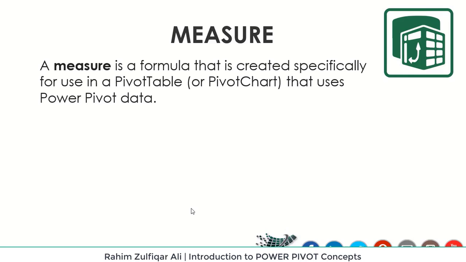A measure is a formula that is created specifically for use in a pivot table or pivot chart that uses Power Pivot data. So you need to understand that whatever kind of calculation we make with the help of DAX is basically a measure. As this simple definition states, a measure is a formula created specifically for use in a pivot table.